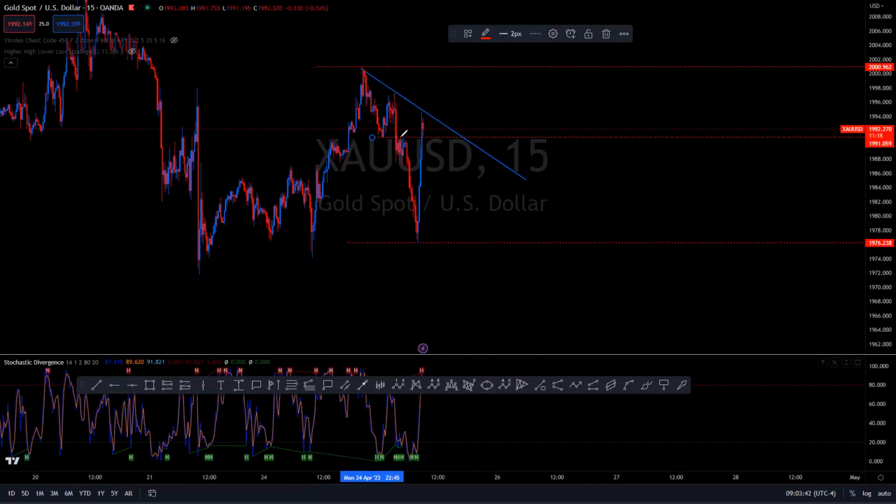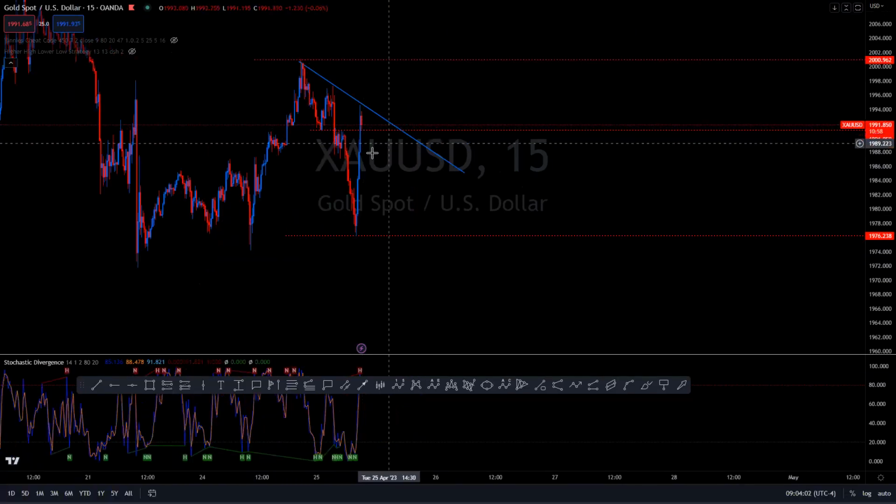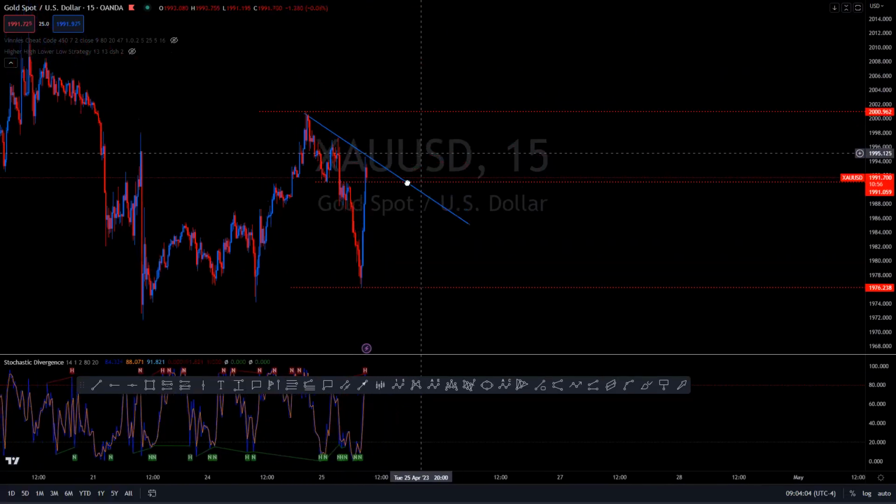Price broke this high and went up. So actually, price is probably starting to go bullish. It might be starting to go bullish. It might pull back to a certain point. So that's what I'm going to kind of look at there.